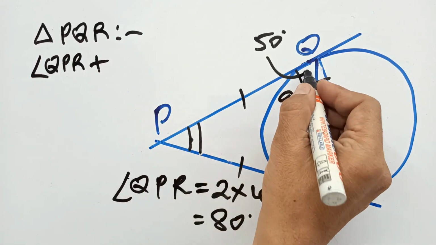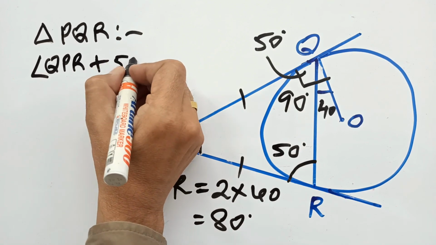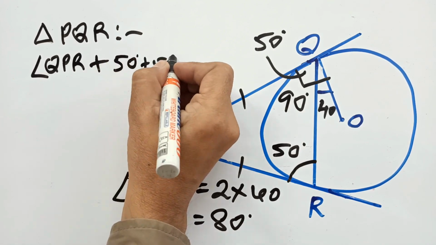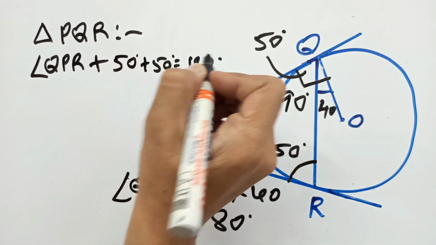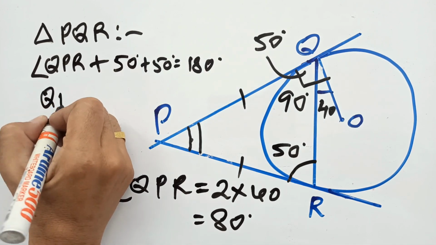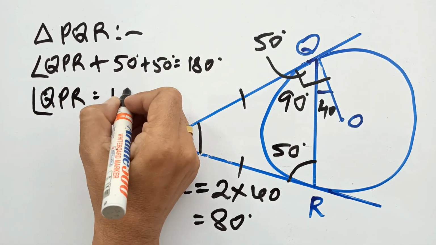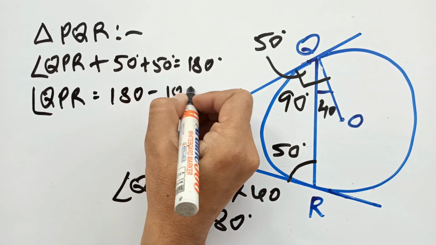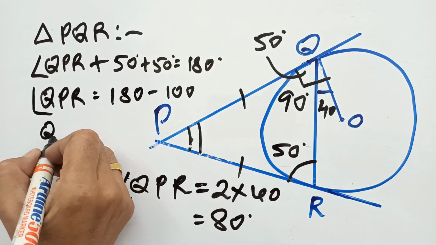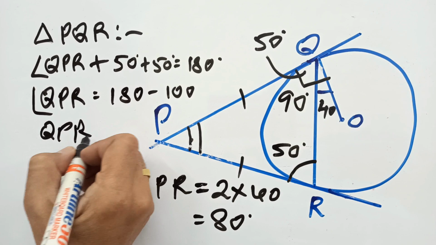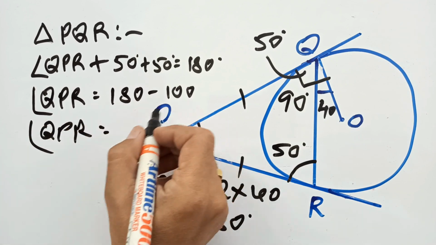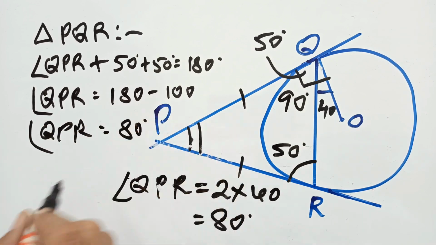Angle QPR plus 50 plus 50 is equal to 180. 180 minus 100, it is 80.